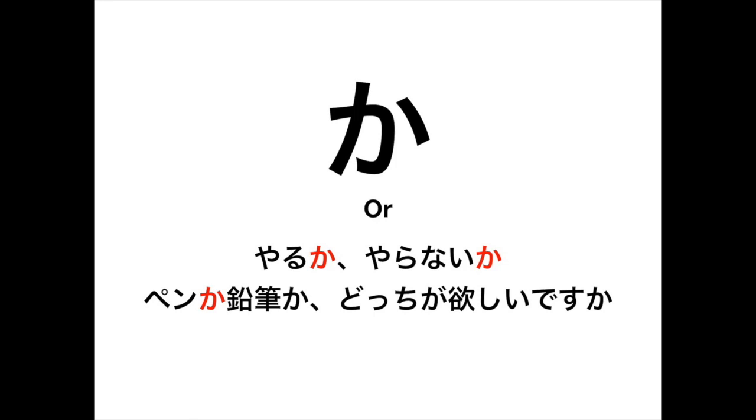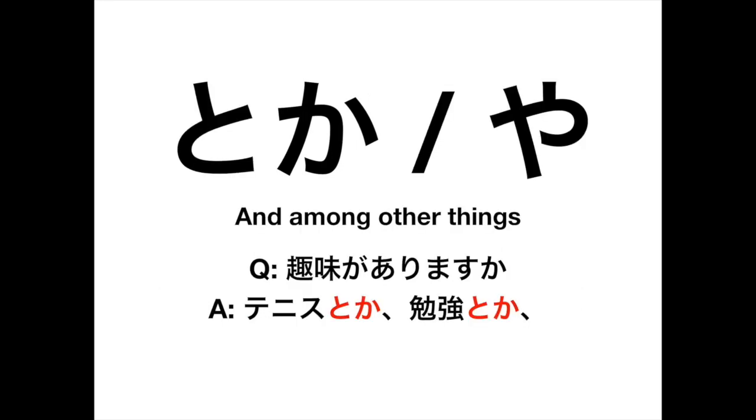And that is pen or pencil or which do you want? So we kind of have to add, well, you don't necessarily have to add that second ka, but you can just say ペンか鉛筆どっちが欲しいですか?